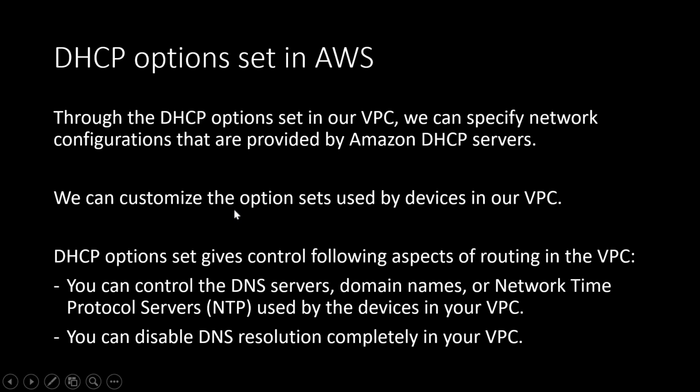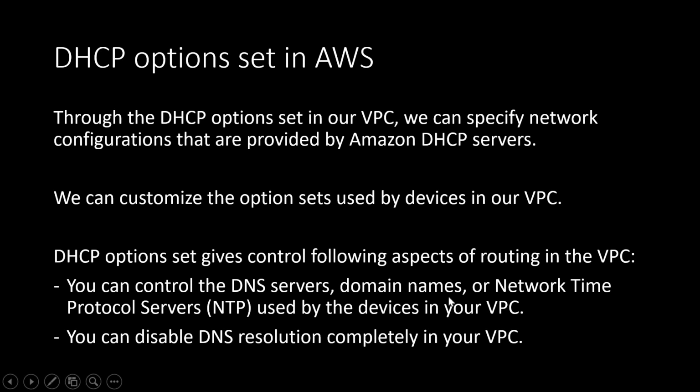The DHCP option set gives us control over the following aspects of routing in the VPC. First, we can control the DNS servers, domain names, or network time protocols used by the devices in our VPC. And we can also disable DNS resolution in our VPC through DHCP option sets.